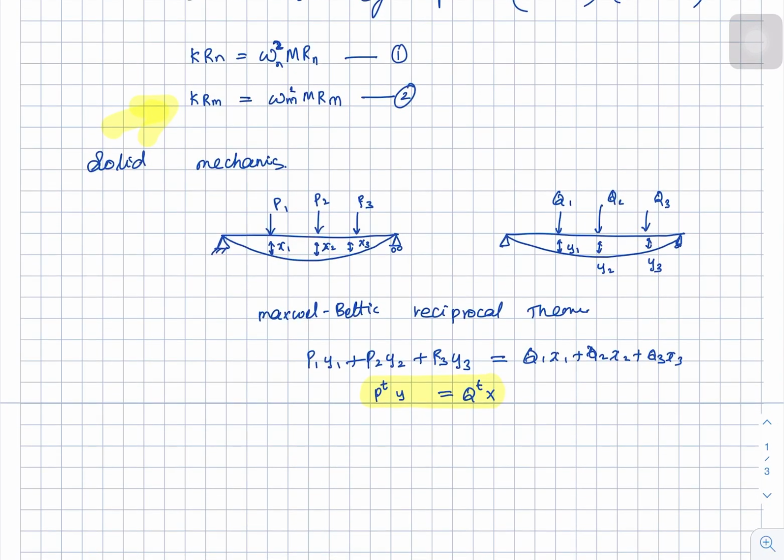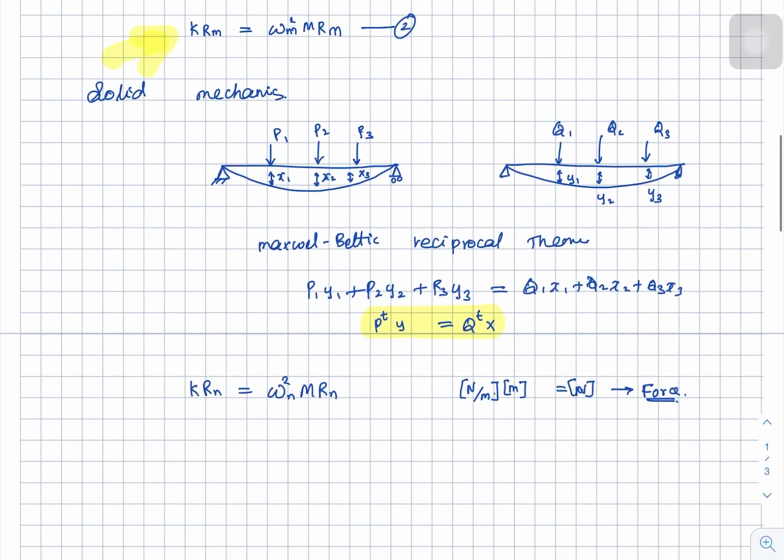So here K r_n equal to omega square M r_n. K is in Newton per meter and r is displacement, in meter. Therefore this is in Newton, so the left hand side and right hand side both represent force.